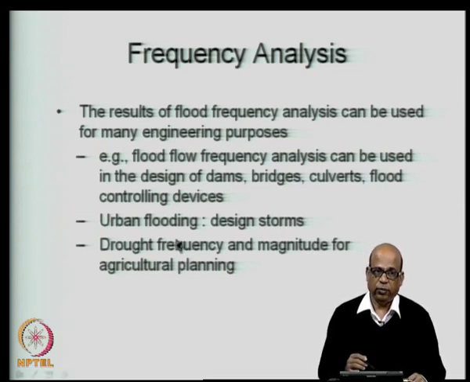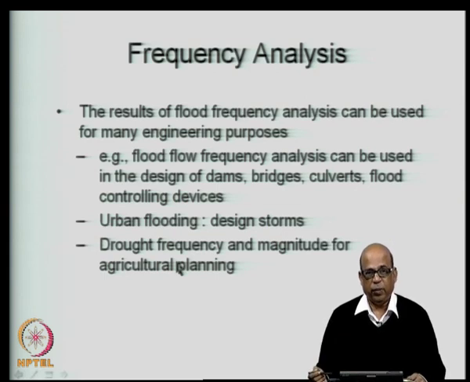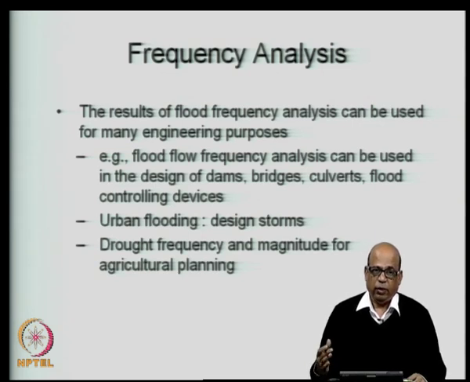We may also be interested in drought frequency and magnitude. We may be talking about meteorologic drought or hydrologic drought. Meteorologic droughts are related essentially to rainfall, and hydrologic droughts are related to soil moisture and the water availability in terms of the stream flows and the reservoir levels and so on. So, we may be interested in the lower end of the distribution then.